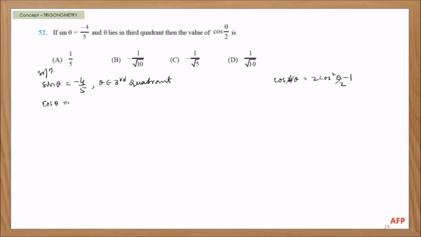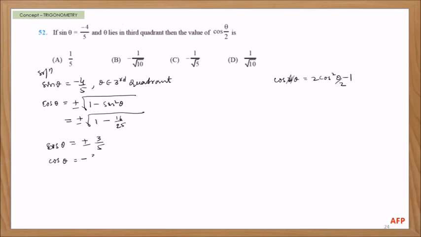Cos theta is equal to plus or minus square root of 1 minus sin square theta. 1 minus sin square is 16 by 25, which is 3 by 5. Okay, but cos theta, since it is in the third quadrant, it is negative, because theta lies in the third quadrant.